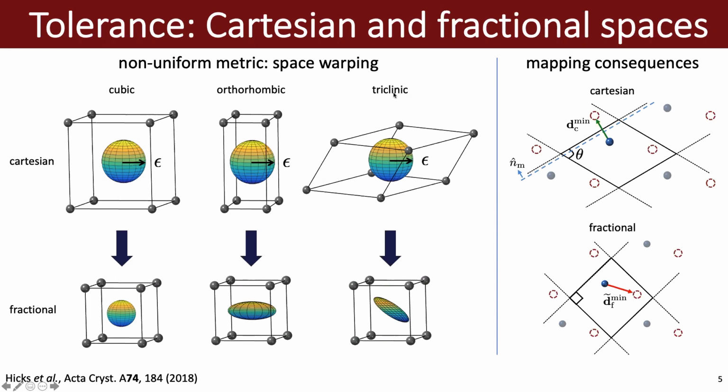And finally, if we have a triclinic system, then we get the shearing of this sphere, and it turns into the sheared ellipsoid. And so what this tells us is that distances in Cartesian coordinates look different in fractional coordinates, and they can become direction dependent. And so we need to be careful when we're performing mappings.